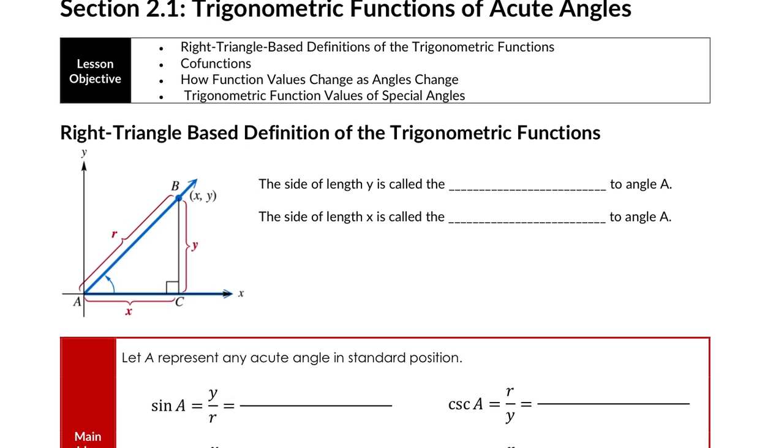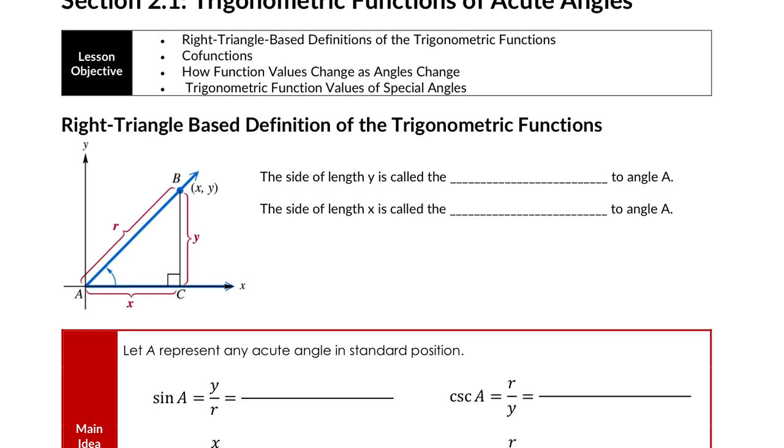When we learned this a little bit ago, we used x, y, and r to define sine, cosine, tangent, and their reciprocals. But now we can put this onto a right triangle where the opposite side from our angle theta is now going to be called the opposite from angle A. Oh my gosh, I cannot spell the word opposite today.